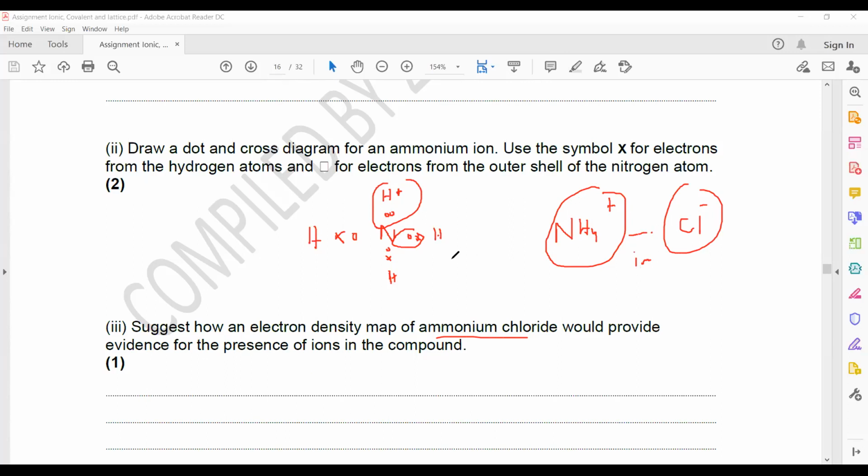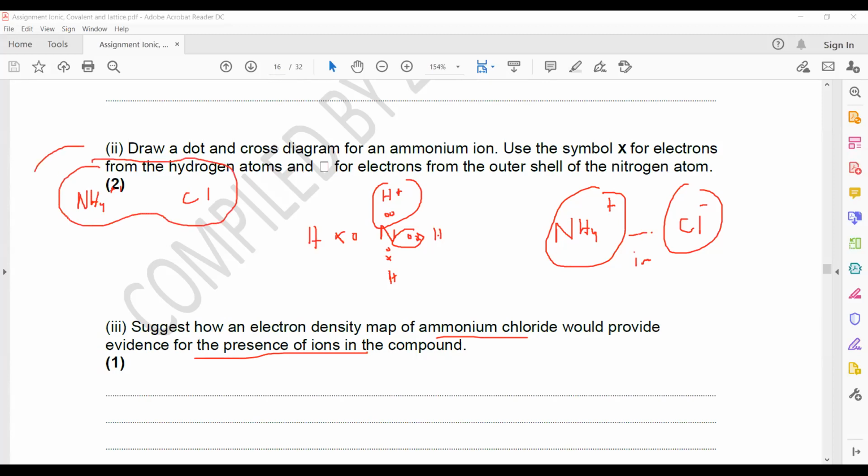But how does X-ray diffraction or an electron density map show evidence of the presence of ions? Whenever there is an ionic compound and we draw the electron density map, the electron density contours or lines will go around ions, not around the nucleus. If ammonium chloride was covalent, what should the electron density map look like?